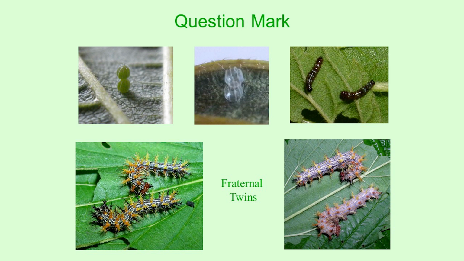And then the picture on the bottom right shows two caterpillars. They're two different instars, and they look slightly different, even though they're about the same size. The one has just shed skin. And then on the left are the final instars of the question mark.